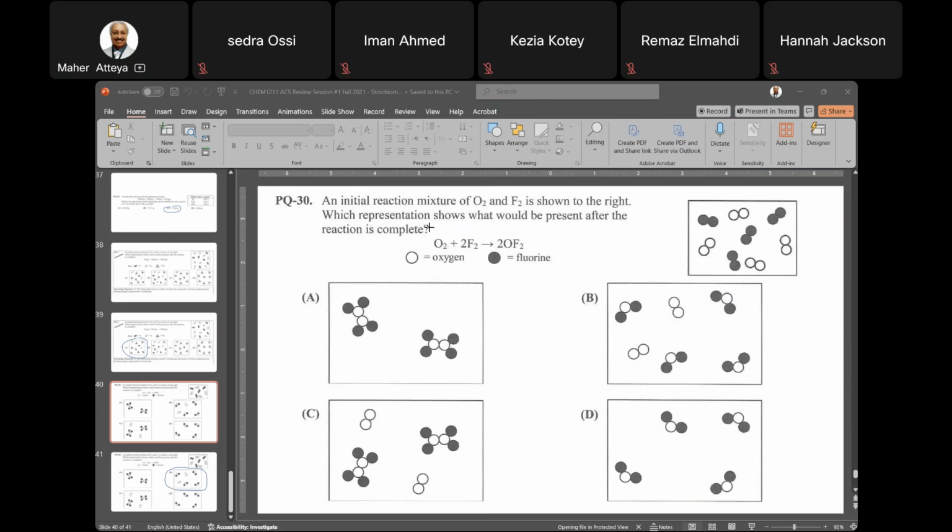That's the reaction here: oxygen plus 2 fluorine gives you OF2, oxygen difluoride. It has nothing to do with the stoichiometry, but what type of reaction is this?